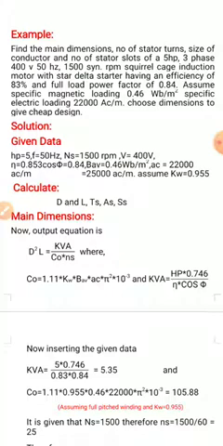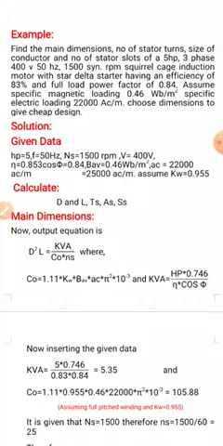Assume specific magnetic loading 0.46 Weber per meter square and the specific electric loading 22,000 ampere conductor per meter. Choose dimensions to give cheap design.